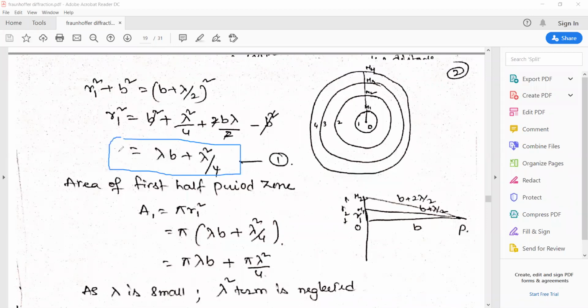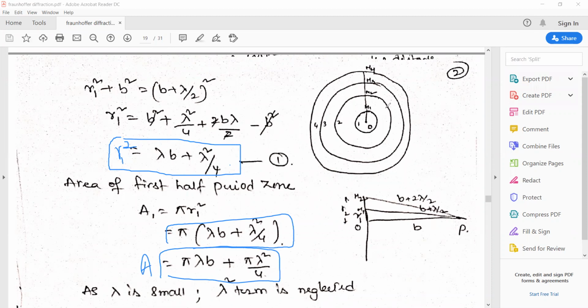So area of the first half period zone, if you know the radius of the circle, you can find out the area pi r1 square. So substitute r1 square value here. You will get final expression as this one, area equals pi lambda b plus pi lambda square by 4.